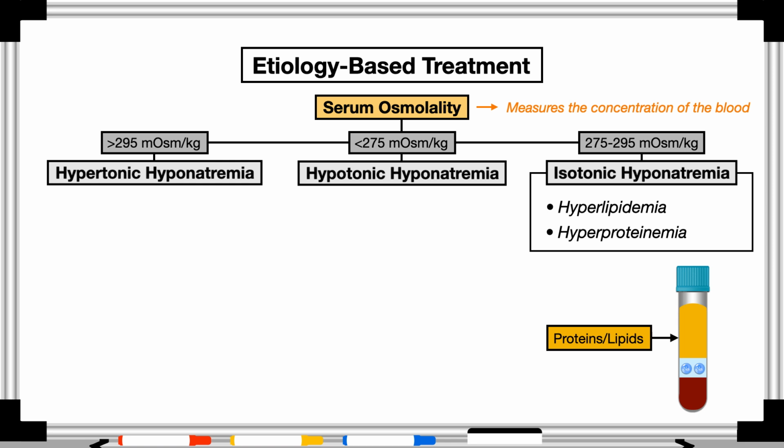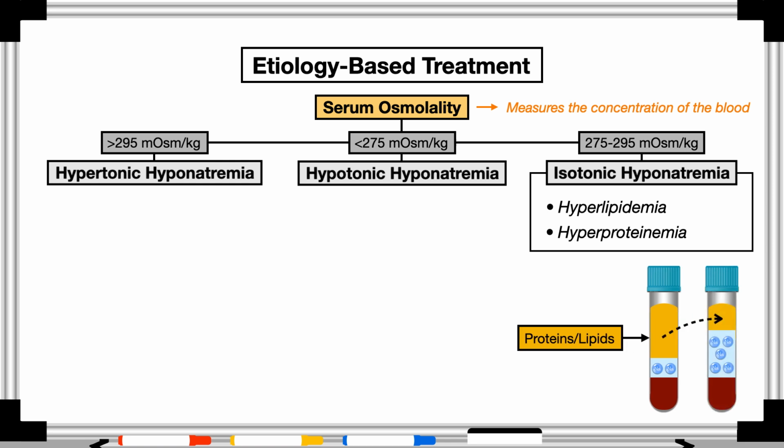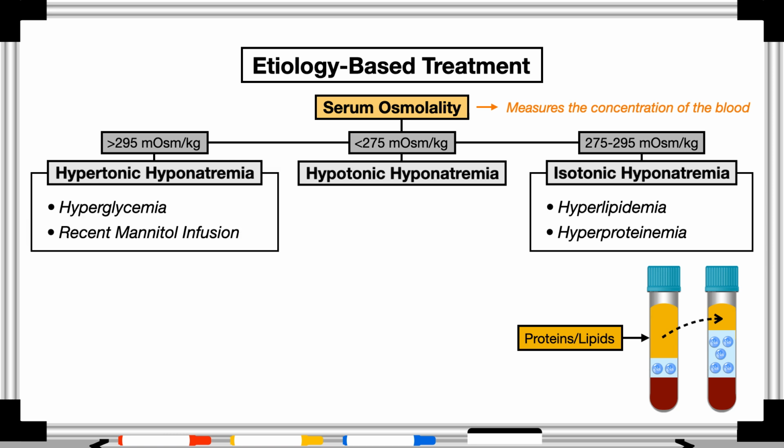When the serum osmolality points to isotonic hyponatremia, the patient should be evaluated for hyperlipidemia or hyperproteinemia. Once that underlying issue is treated, the serum sodium level will increase. Similarly, if the serum osmolality points to hypertonic hyponatremia, then the contribution of hyperglycemia or a recent mannitol infusion should be obvious.